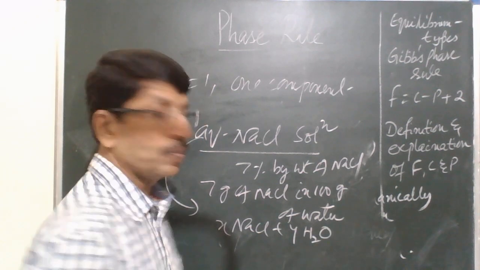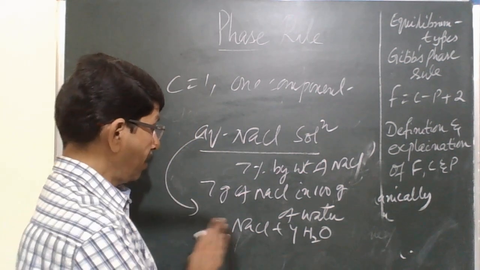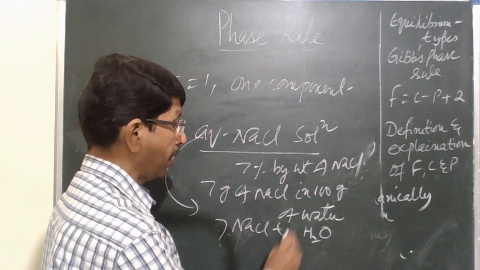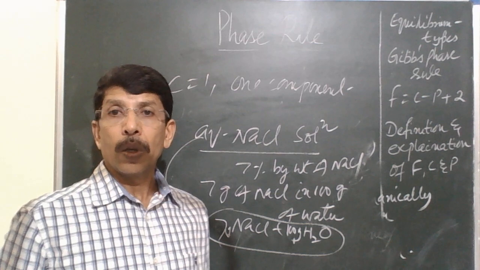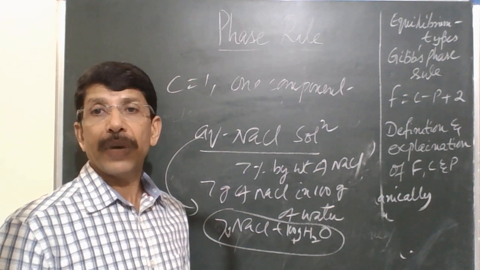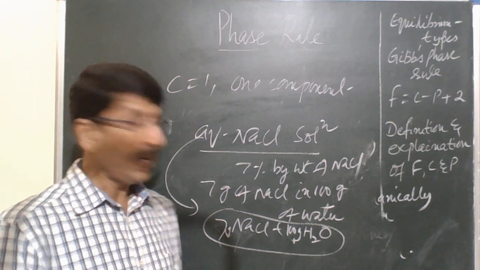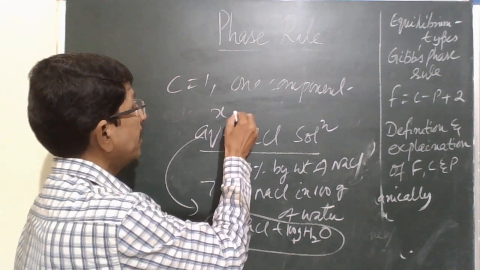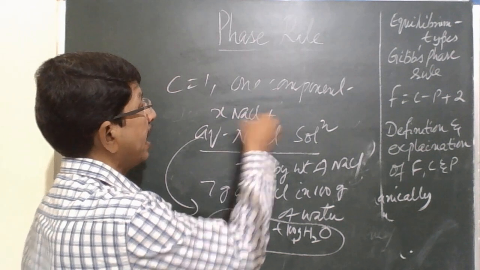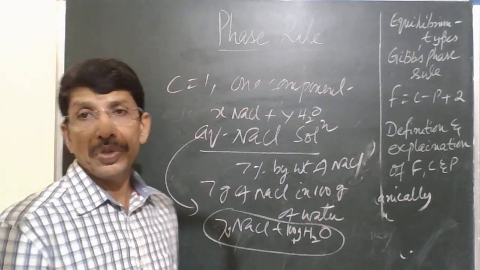So here the composition is 7 grams of sodium chloride and 100 grams of water. Concentration is 7% by mass or weight, whereas composition is 7 grams of sodium chloride plus 100 grams of water. Or in general, we can write it as X moles of sodium chloride and Y moles of water. So this is the composition.